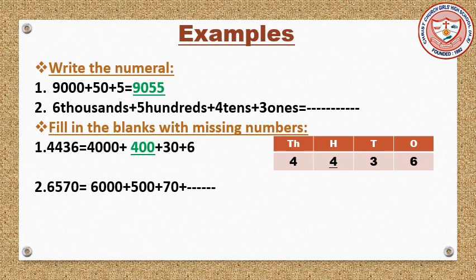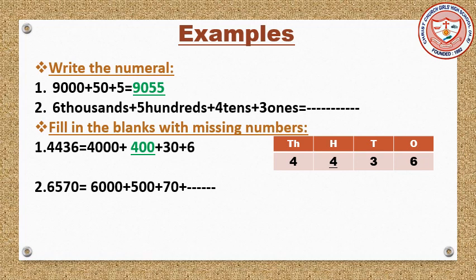First of all, we need to arrange this number in the place value chart, and then we can easily find out that 0 is sitting in ones place. So here the missing number will be 0. Clear?